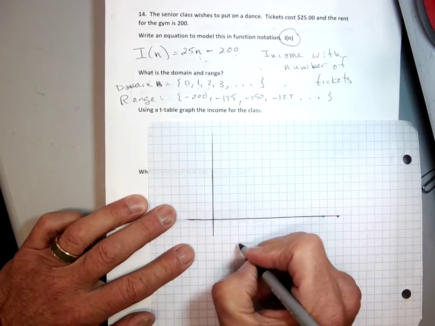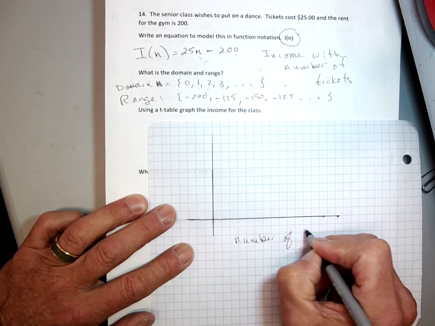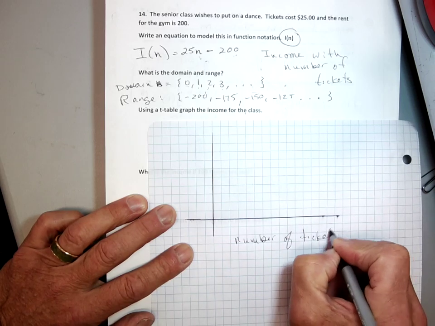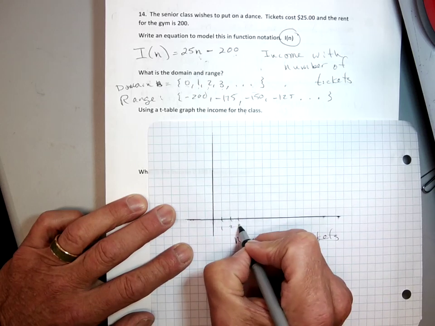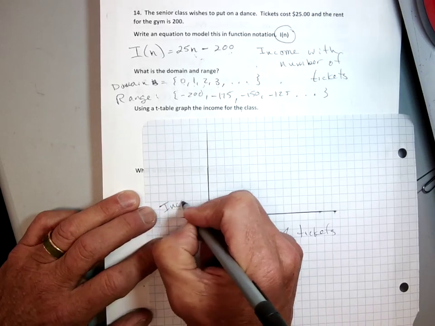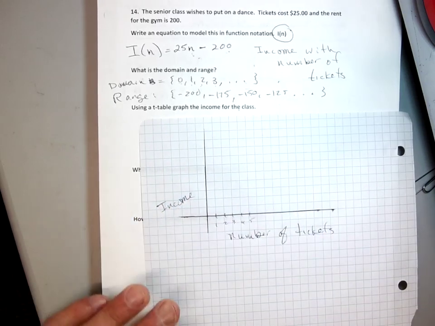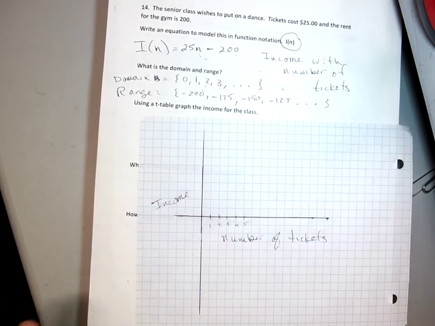So number of tickets down here. I've got 1, 2, 3, 4, 5. Income. I better make my graph a little bit more negative because it looks to me like I can have negative income.